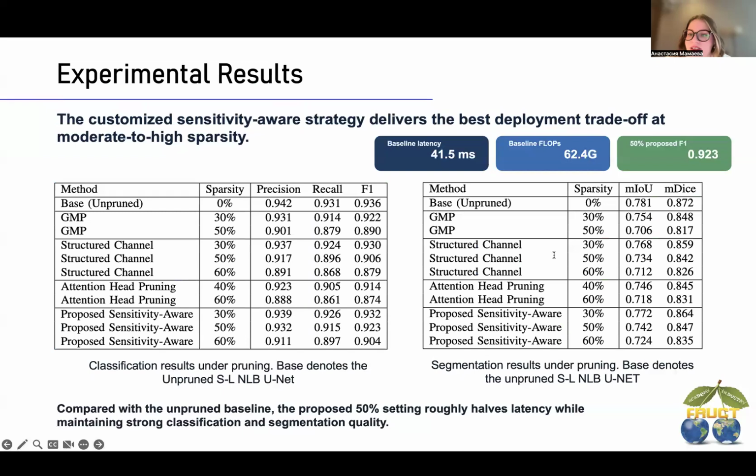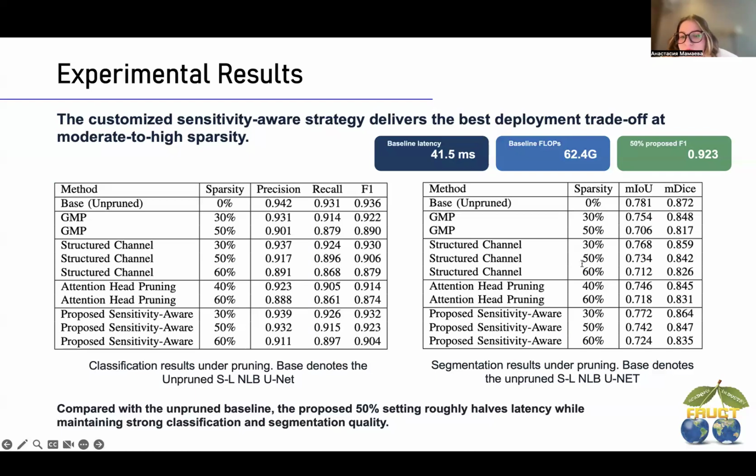The main result is that different pruning methods don't give the same practical benefit. For example, unstructured global magnitude pruning can greatly reduce the number of parameters, but it doesn't give a strong improvement in real inference speed. The baseline latency is 41.5 milliseconds, and with 50% GMP, it only decreases slightly to 40.6 milliseconds.